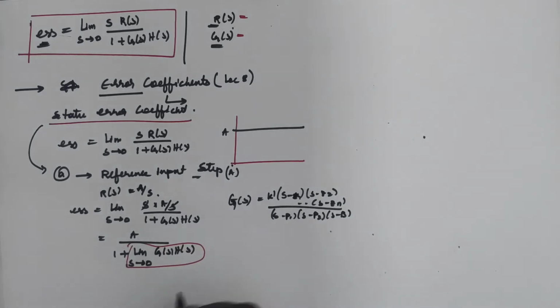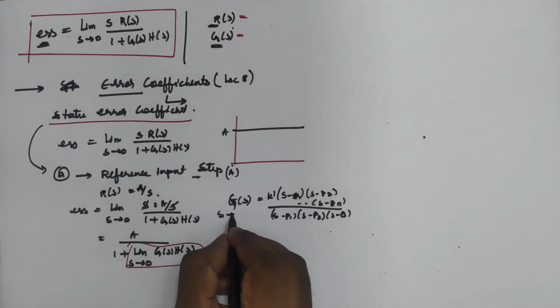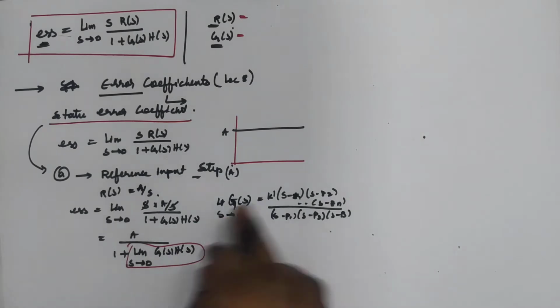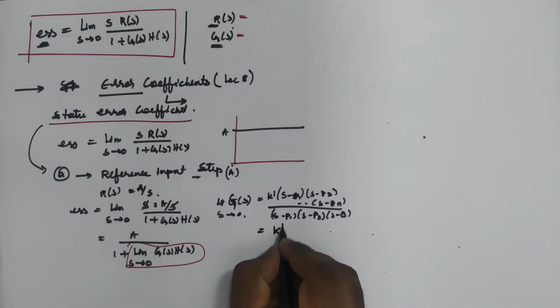For this system, if I make s tend to 0, what happens? I obtain a value called the gain K dash.